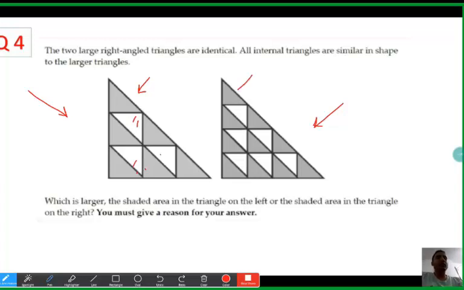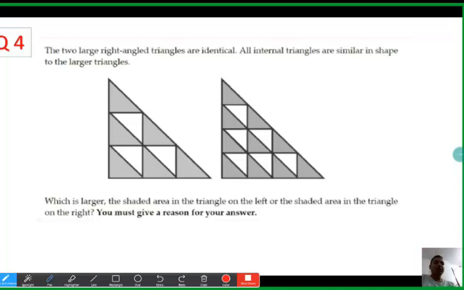Also, all shaded triangles in the shape are equal to the unshaded triangles, right? Then, which is larger, the shaded area in the triangle on the left or the shaded area in the triangle on the right? You must give a reason for your answer.